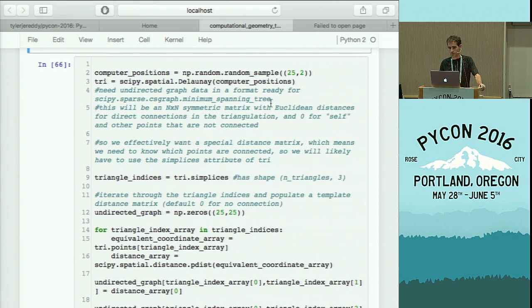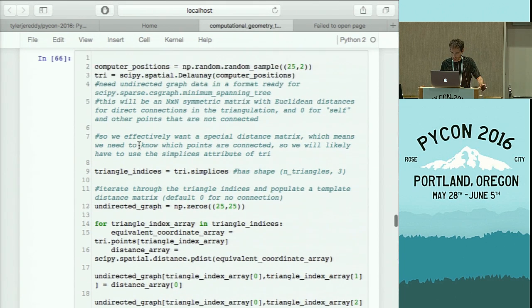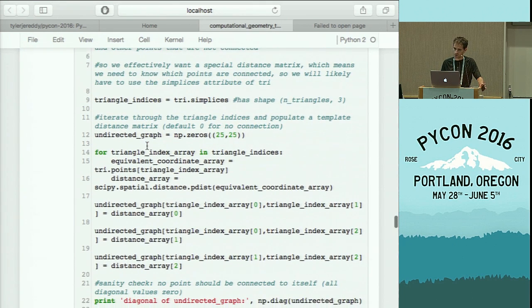A valid input for this would include an n by n symmetric matrix, which can be generated from the Delaunay triangulation. I'm going to try to work through this because it's a little bit hairy to get a handle on the data structure, I suppose.